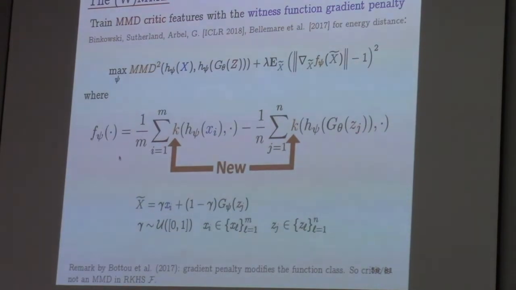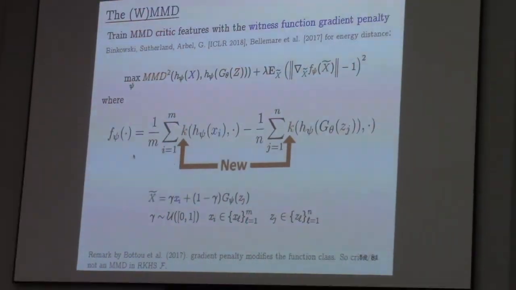One is that we are requiring our f is in this unit ball, but we are also requiring that the gradient of our function, with respect to our inputs, is close to 1. So we just used exactly the gradient constraint on our witness function just to see what would happen. And it wasn't a disaster. It worked okay. So if you remember the bedrooms at the start, that was done by that software.